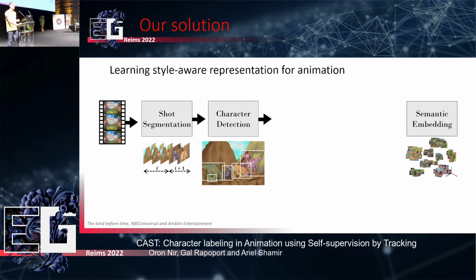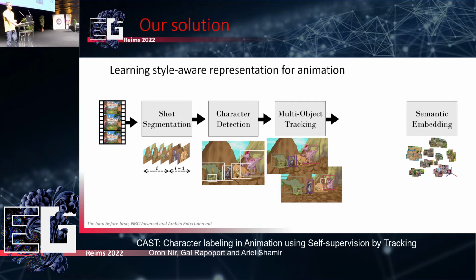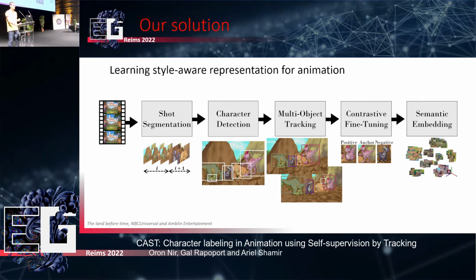We use a simple method with a single class or two classes, character and non-character, on which we apply a multi-object tracker per shot, meaning we can tell which bounding boxes belong to the same character in a specific shot. We later sample triplets and apply contrastive learning in order to refine the representation towards this specific style, which we dive into shortly.